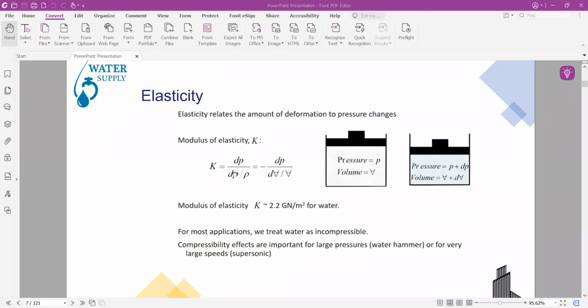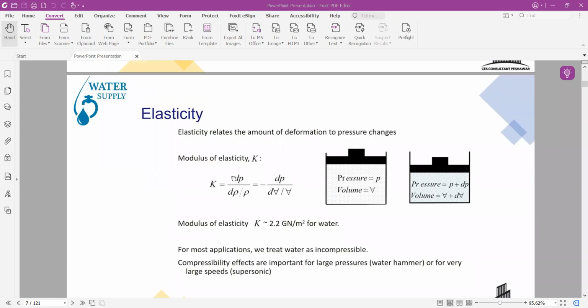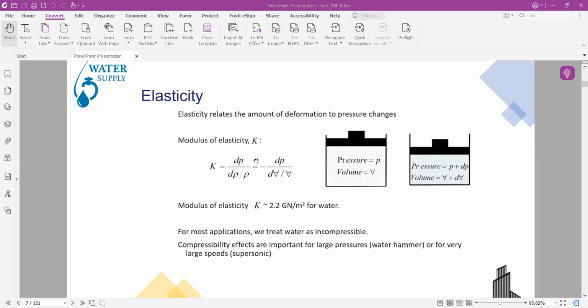I will discuss that later. In the last lecture, the transient analysis, when we close the valve or shut down the pumps, the effect occurs, or suction is created, or there is an effect of pressure on the material of the pipe, on the boundary of the pipe. So we will consider that, and we'll discuss in detail how the elasticity affects the whole hammering process.